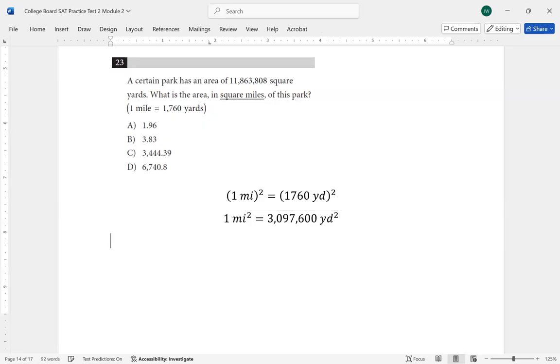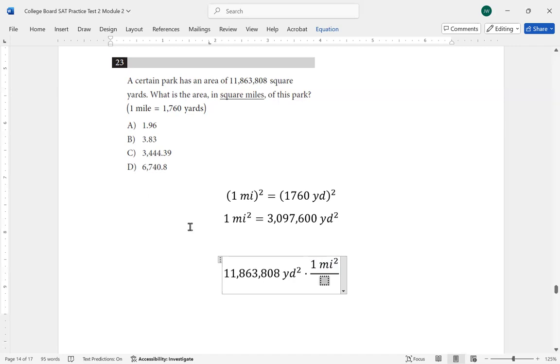Now it says the certain park has 11,863,808 square yards. So if we have 11,863,808 square yards, if I want to convert that to square miles, one way to do that is to multiply by a fraction whose numerator has square miles and whose denominator has square yards, but the total fraction is equivalencies.